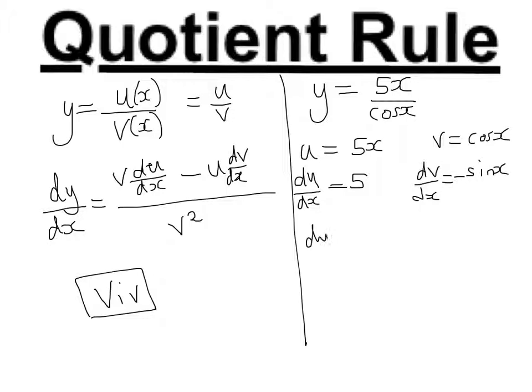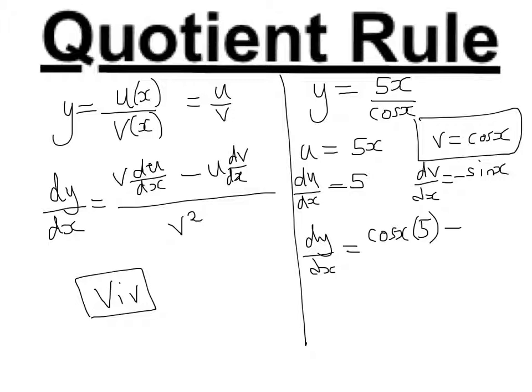So dy by dx, Viv goes first, so you've got cos x times by the differential of u, subtracted by u times the differential of v, all over v squared. Now if we expand this out, we're going to get 5 cos x.